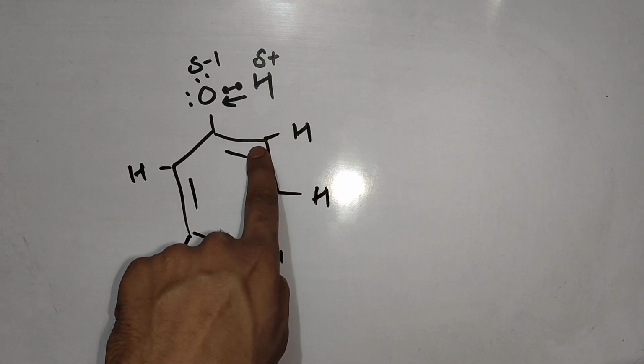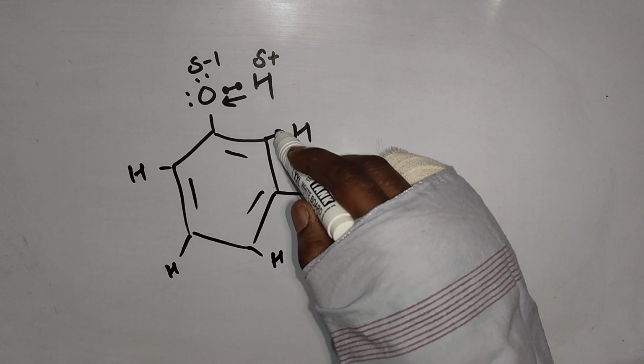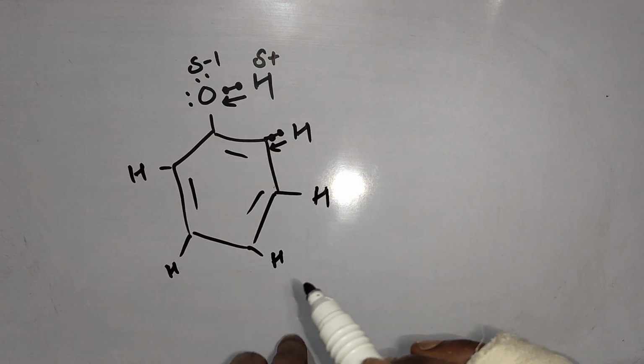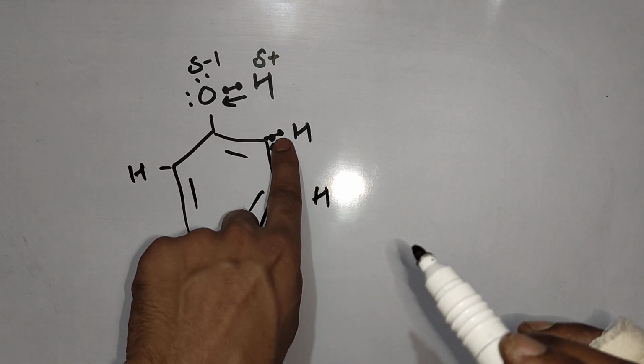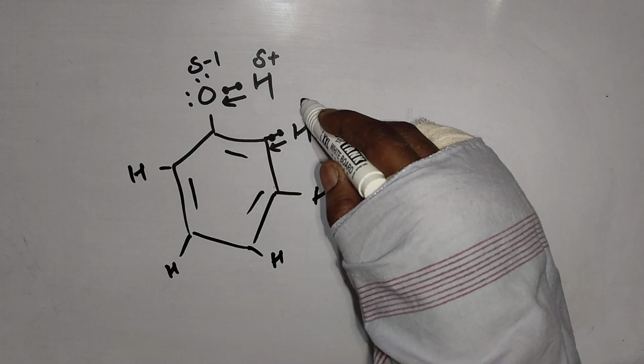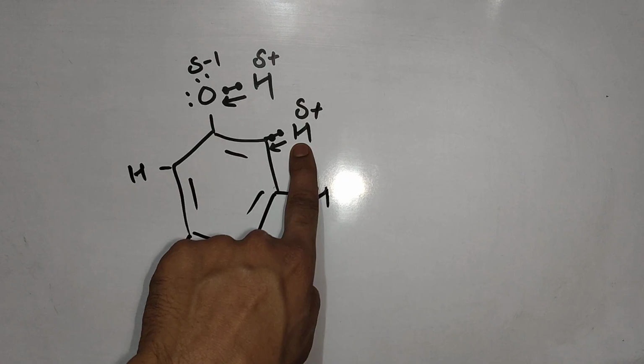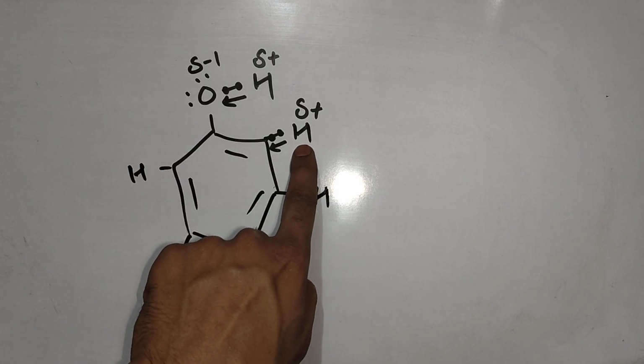Similarly, this hydrogen is connected with carbon, and carbon is more electronegative than hydrogen, so obviously electrons are shifted toward the carbon side. Again, this hydrogen is losing control on its electrons, so positive charge will develop on it. So this hydrogen also has a shortage of electron, that's why it is working as an electrophile.